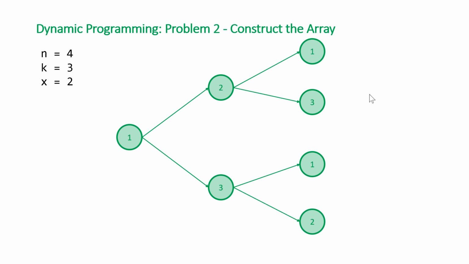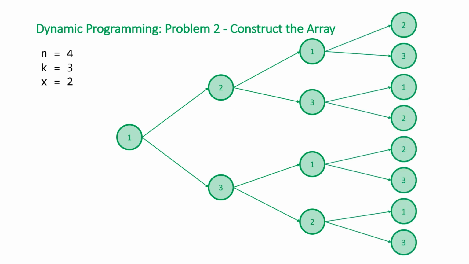And we continue to do this until we have 4 elements, and we end up with this. And so the other condition is that our last element has to be equal to x, and x here is 2, so that means the valid arrays are the ones that end in 2, here, here, and here. And those are the arrays that are shown in the problem statement.